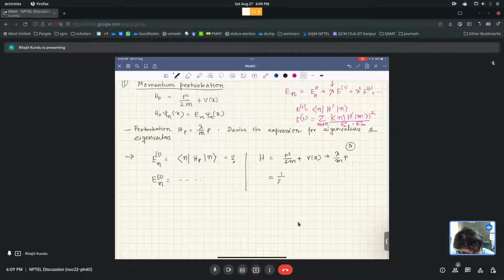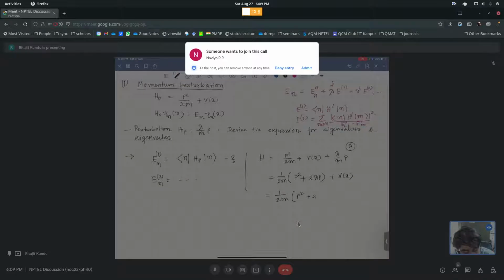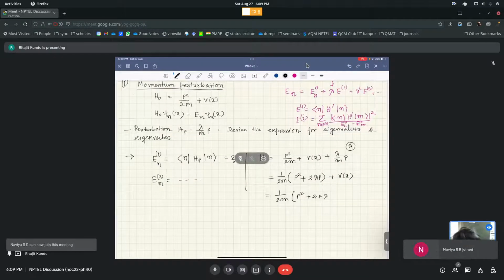So 1 by 2m, I am taking this out, and I am left with p square plus 2 lambda p. Now I have to add one part, p square plus 2 times p times lambda, and additionally I'll add another lambda square, and I'll also have to subtract it.